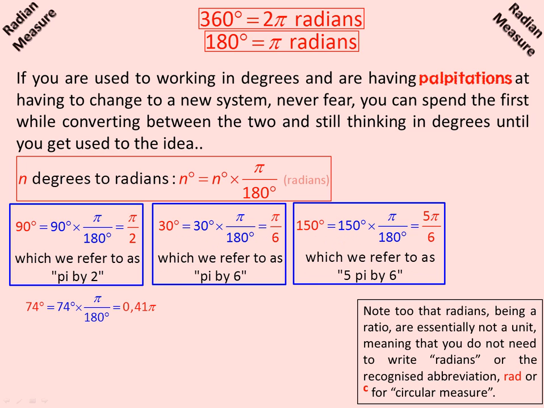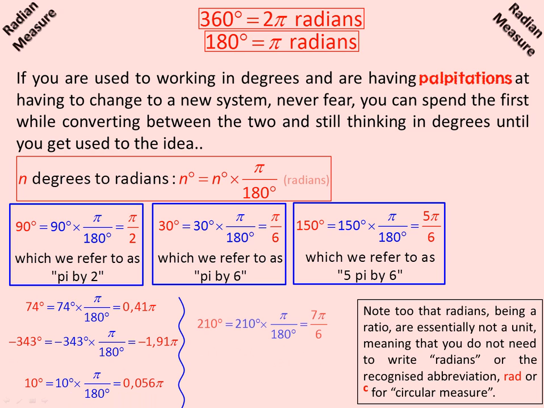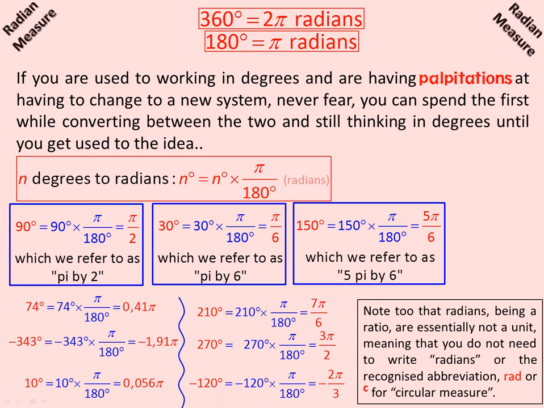This one gives you a decimal, another decimal with a negative angle, and another decimal. 210, well, 30 cancels into both, so 7, 6, 7 pi by 6. 270 and 180, 90 cancels into both, so 3 pi by 2. And negative 120 degrees, 60 into both, 2, 3, so negative 2 pi over 3.